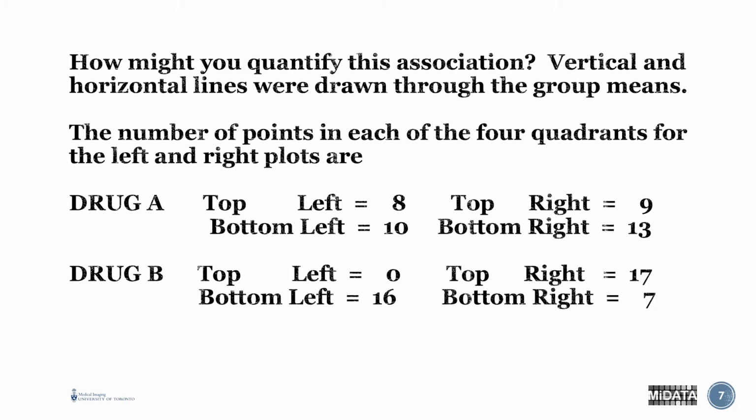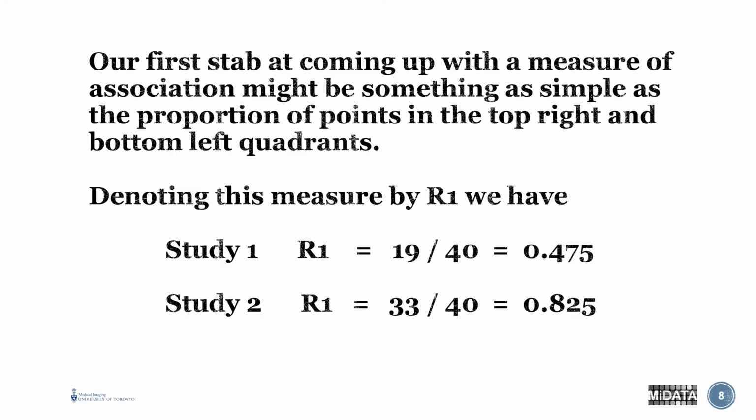And so this must mean something. Our first stab at coming up with a measure of association might be something as simple as the proportion of points in the top right and bottom left quadrants, because that's where we see most of the activity going on. We're like, this must mean something. So let's call this R1 as our first measure.